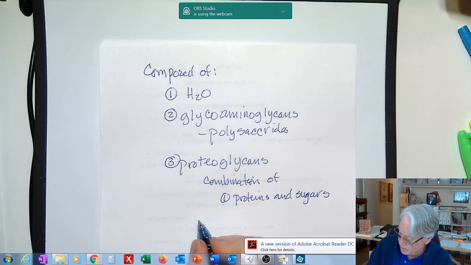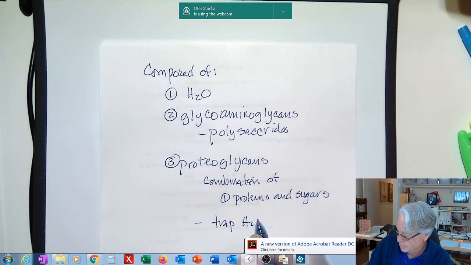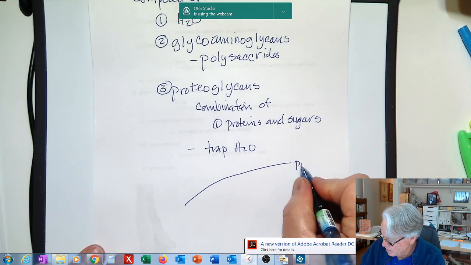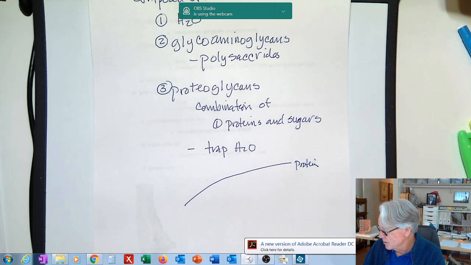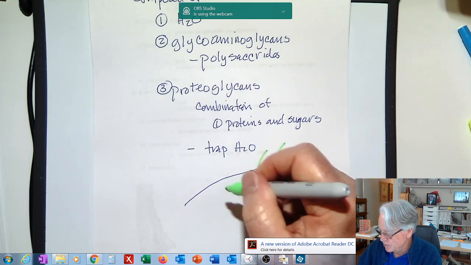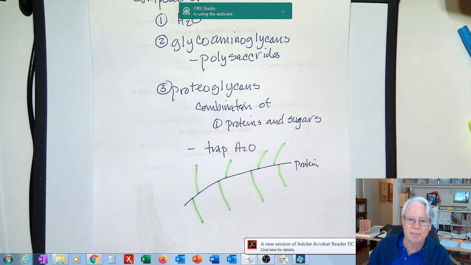And these are very good at trapping water. So here's my protein. And then we get this branching of the sugars. And you actually ran into these earlier when we were looking at basement membranes.